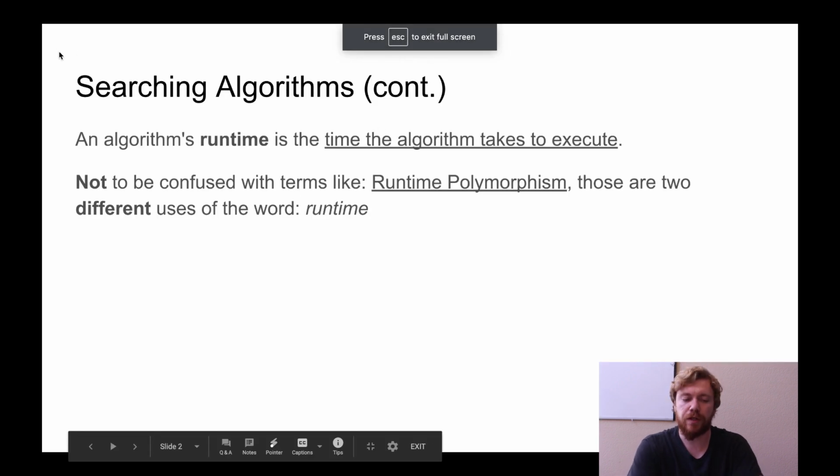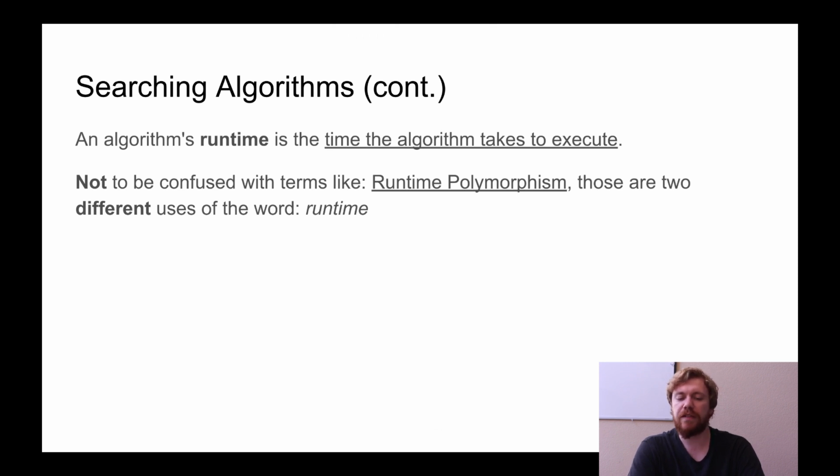Terminology here: an algorithm's runtime is the time the algorithm takes to execute. Not to be confused with terms like runtime polymorphism. Those are two different uses of the same word, runtime. In algorithms, runtime is talking about actual time, namely how long it takes for an algorithm to run or execute.